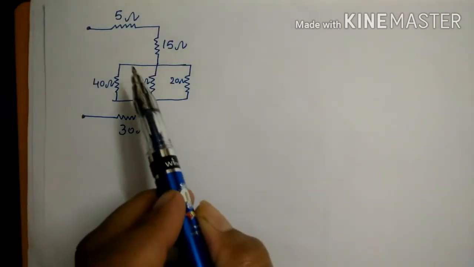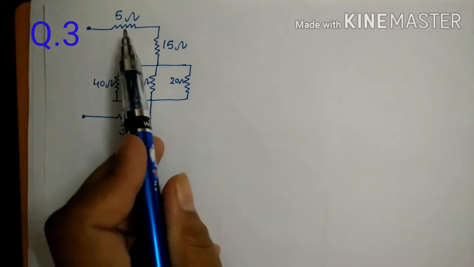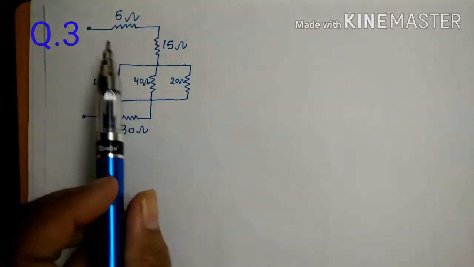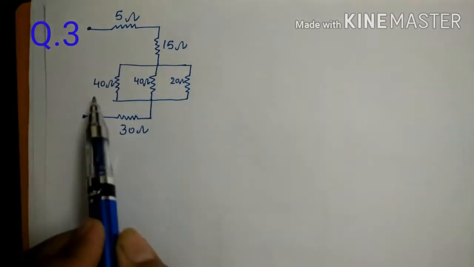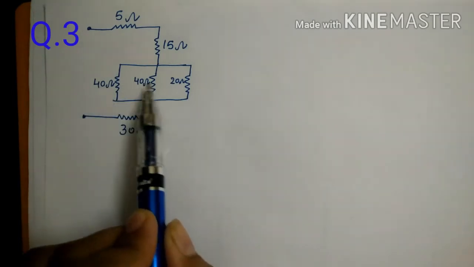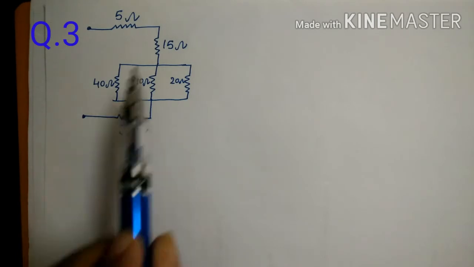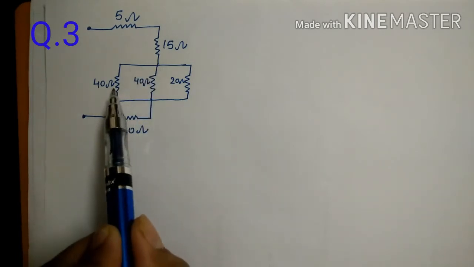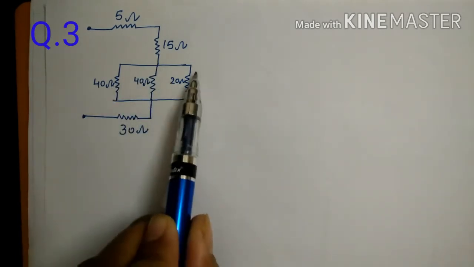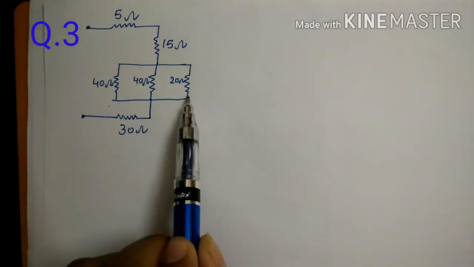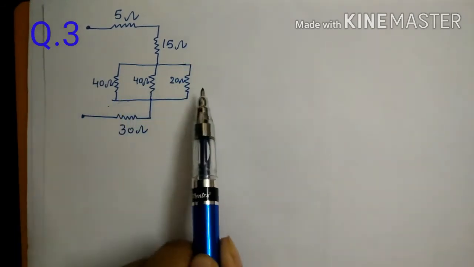Now here we have a new circuit. You can see many resistors: 5 ohm, 15 ohm, 40 ohm, 40 ohm, 20 ohm, 30 ohm. Firstly, we will solve this. We can see these three are attached in parallel. So firstly we will solve this.